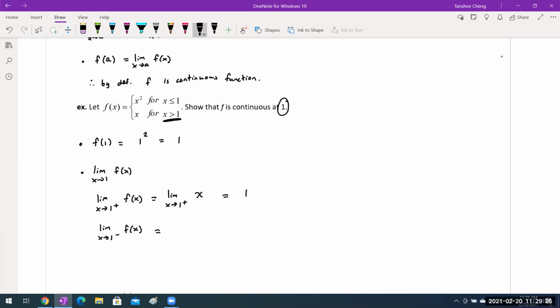And for the limit as x approaches 1 from the left-hand side of the function, we are looking at this restricted domain from the left-hand side. So we will be using the formula x squared. Substituting it by using the limit law, that will become 1 squared, which is equal to 1. So now I can see that the left-hand side limit and the right-hand side limit are the same. Therefore, I can say that the limit as x approaches 1 of the function is equal to 1.